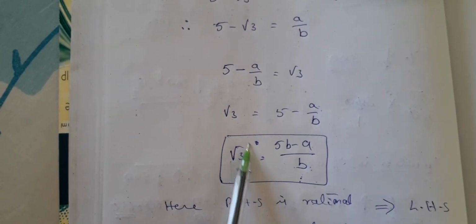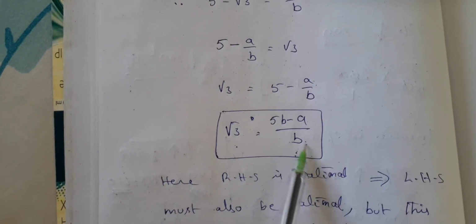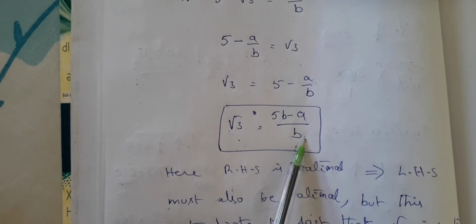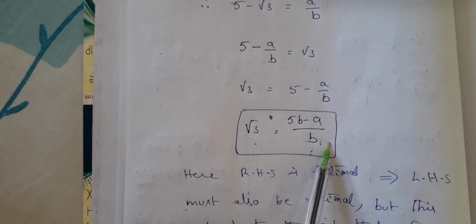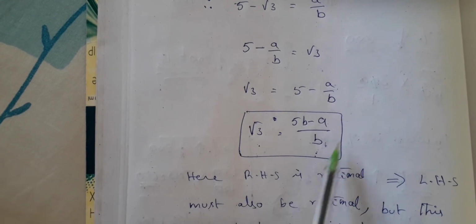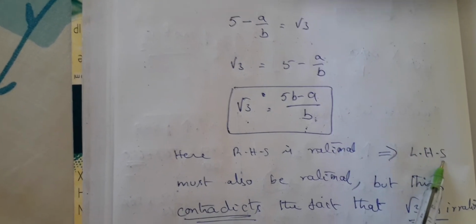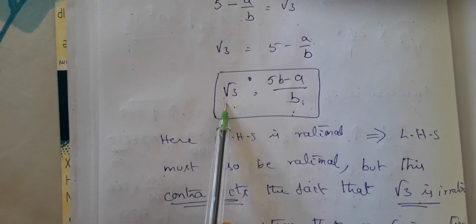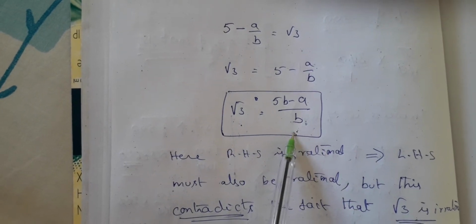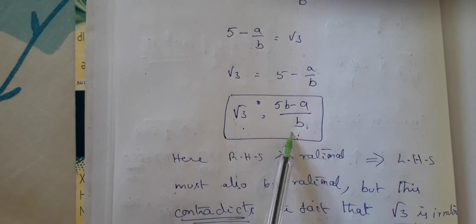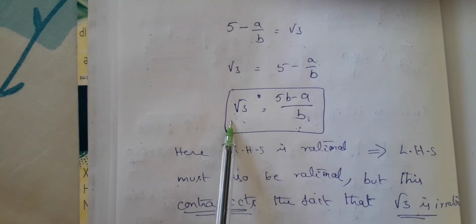So I took the LCM, and on the LHS you have root 3, on the RHS you have some rational number. Because these are all integers, this forms a rational number. Any number which is expressed in p by q form is a rational number. So now RHS is rational, which implies that LHS should also be rational, because you can't equate an irrational number to a rational number.